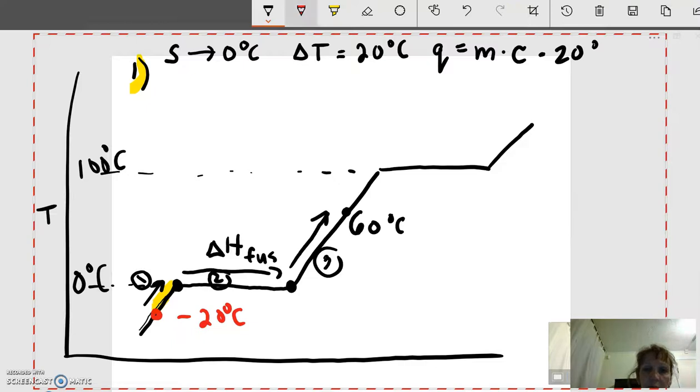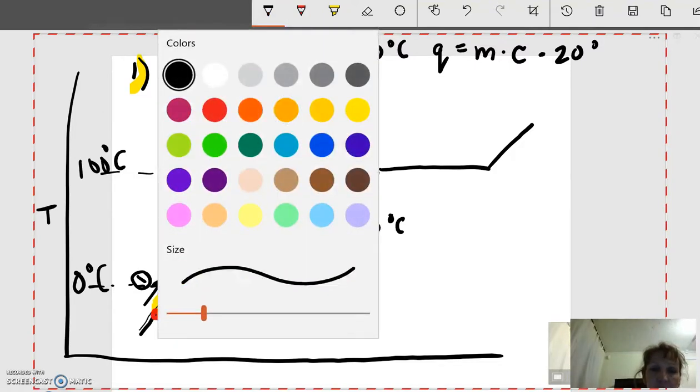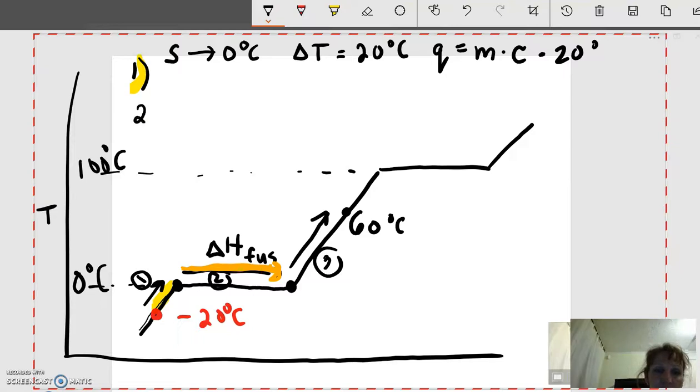Calculation 2 requires using the molar heat of fusion. The molar heat of fusion is always used when your temperature is holding and you are melting or freezing. So let's set up calculation 2. What you need to do is take your grams of ice and divide it by 18, which is the molar mass.